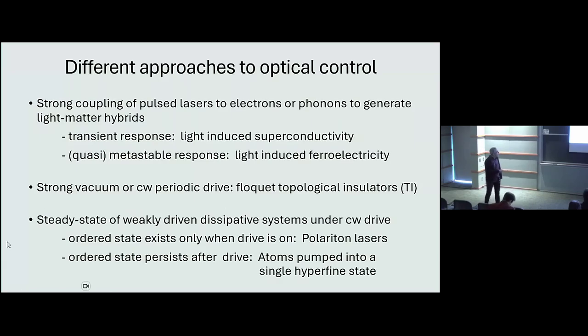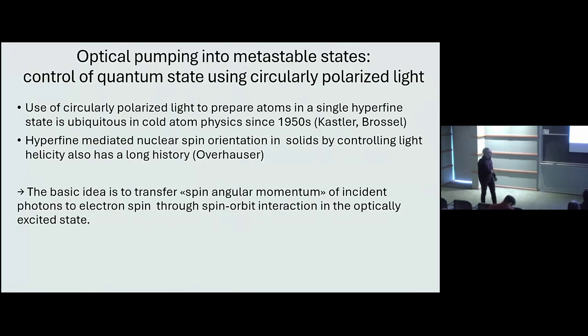In certain classes of these optically controlled systems, the ordered state exists only when the drive is on, and that's a polariton laser or a regular laser for that matter. And then there are other examples where the ordered state persists practically forever after the drive is turned off. The first example I learned about is atoms pumped into a single hyperfine state. Let me say a few things about this last category.